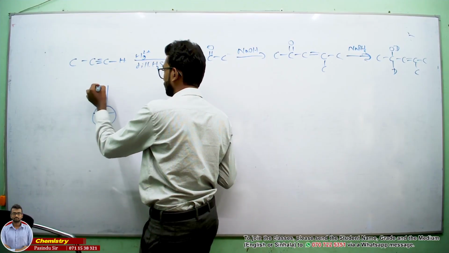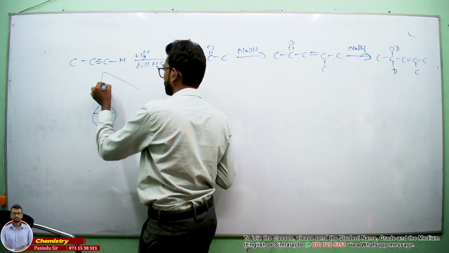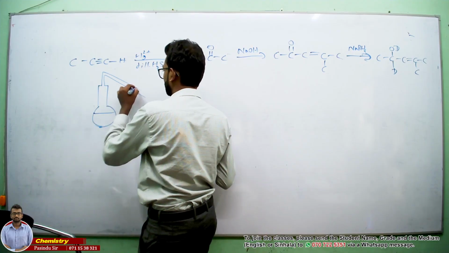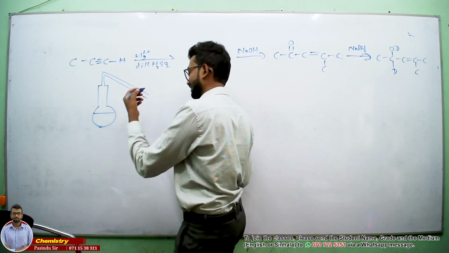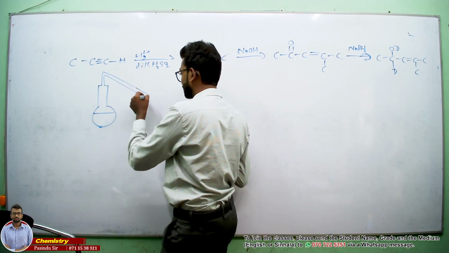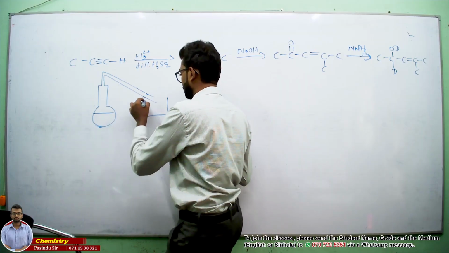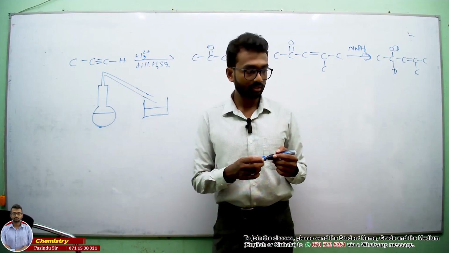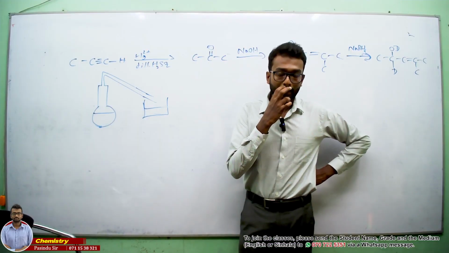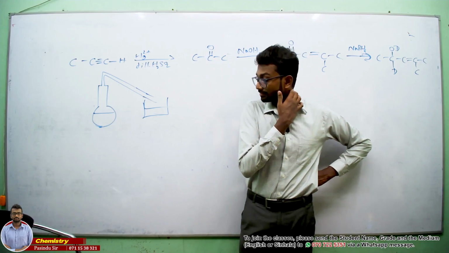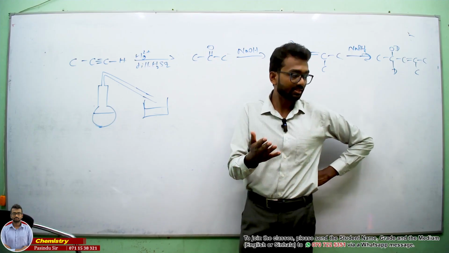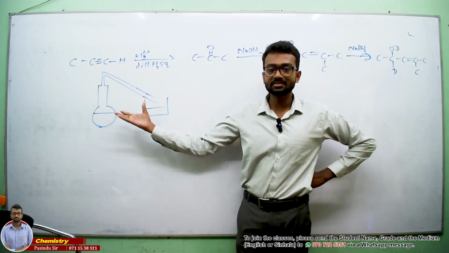You just heat it, and in the laboratory we use a Liebig condenser. We just take the vapor and get it. And we learn about fractional distillation in Raoult's law. This is simple distillation.